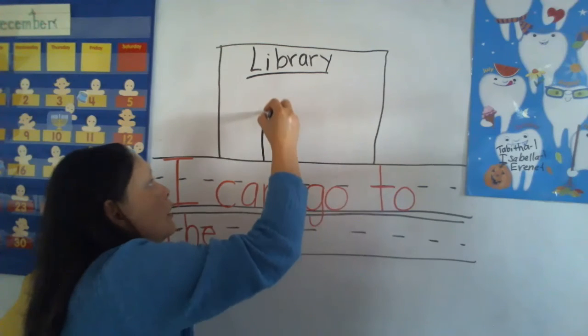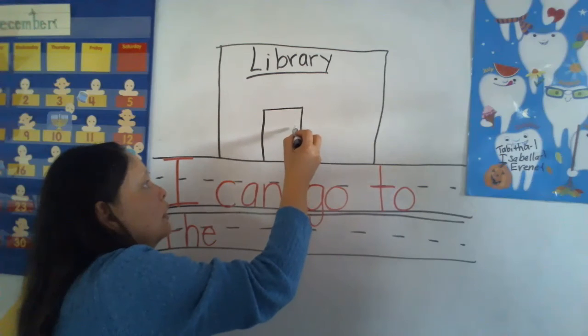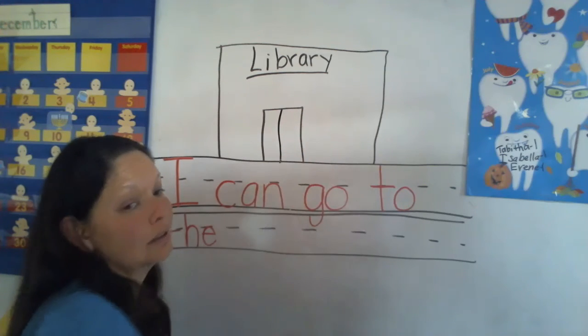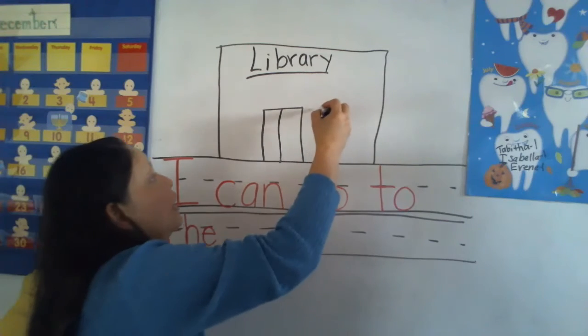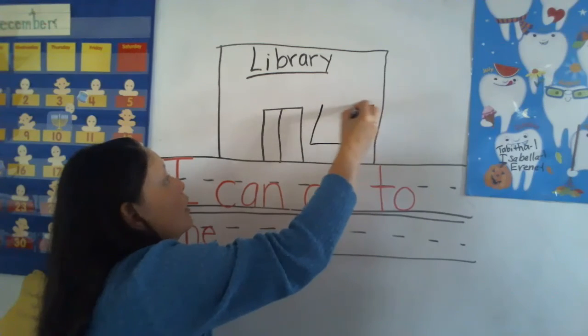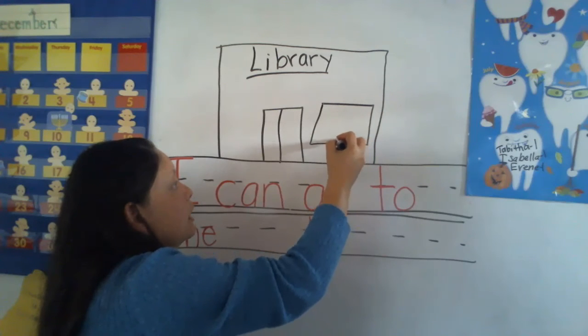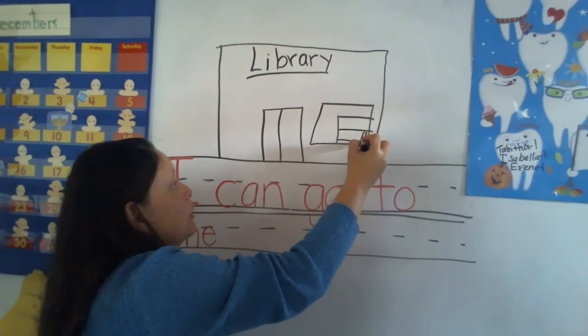Sometimes it has two doors that open. A lot of the libraries have those sliding doors. I'm going to put a window, a rectangle, and then pretend that I can see inside. I'm going to put some shelves with some books on there.